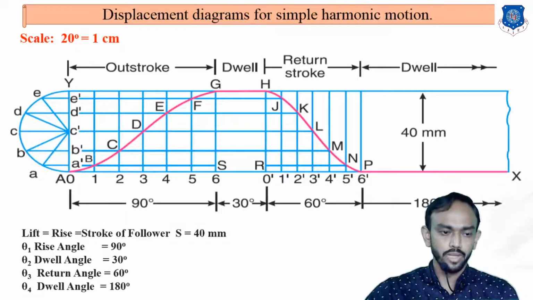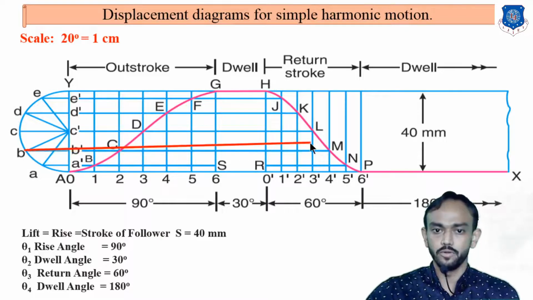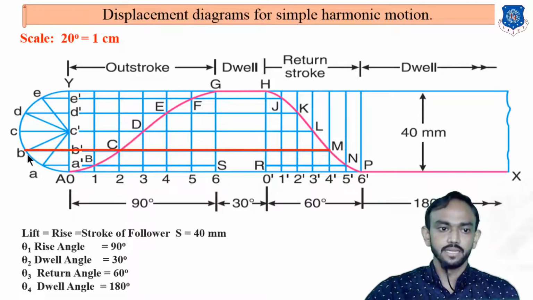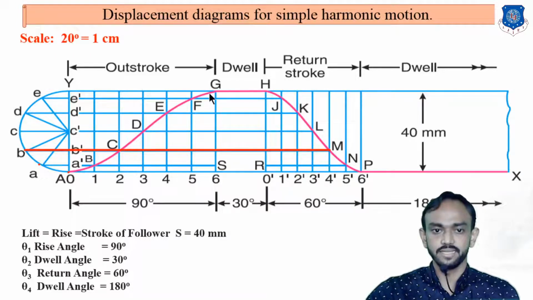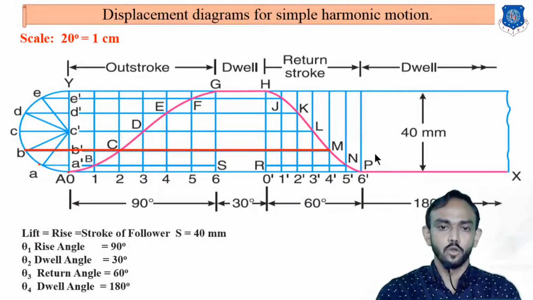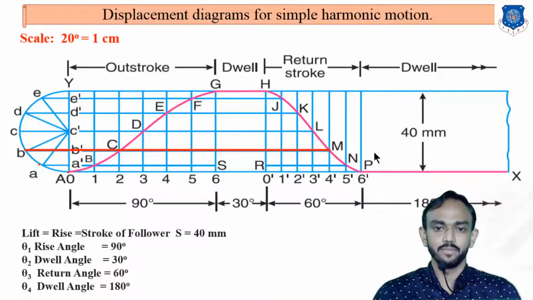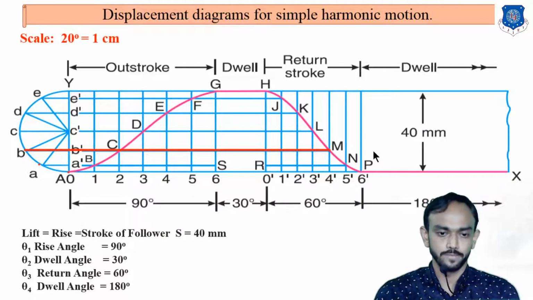You have to make these parallel lines like this, you will draw this line, and this 0, 1, 2, and you can see it will intersect these 2 points, and you will get this diagram which is known as a displacement diagram as per simple harmonic motion.